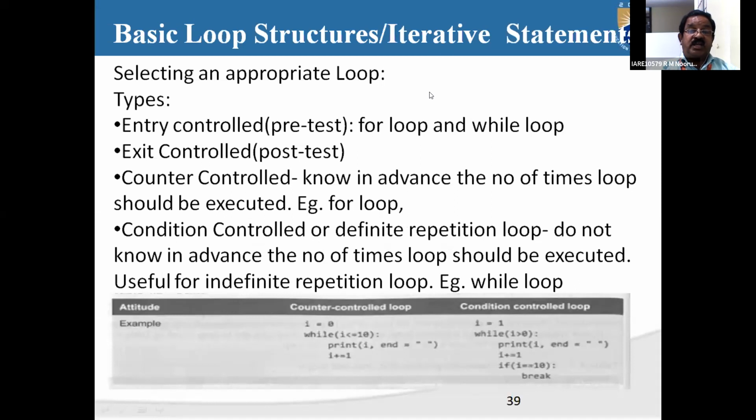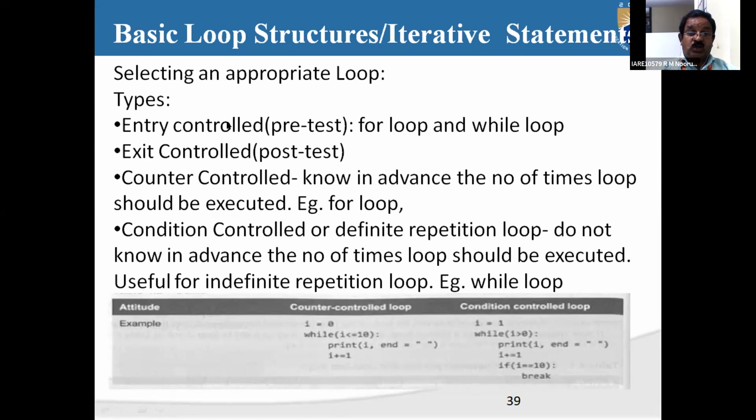How to select the appropriate loops and what are the different types of loops? You have 4 types of loops that are made use of in a computer system. One is the entry controlled loop, also called a pre-test loop.